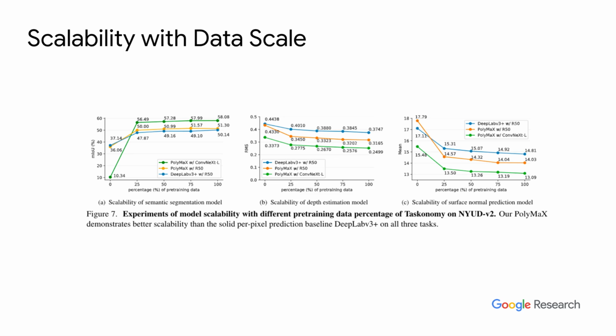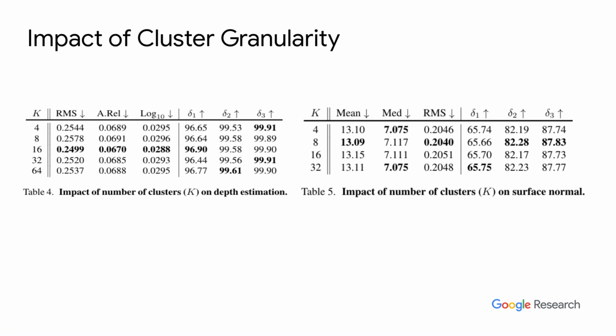But once the training data scale increases, our PolyMaX model scales much better than the per-pixel prediction baseline. We also investigated the cluster granularity, and we found the optimal cluster numbers for depth and surface normal are 16 and 8 respectively, but there is not a significant difference among the different cluster numbers.